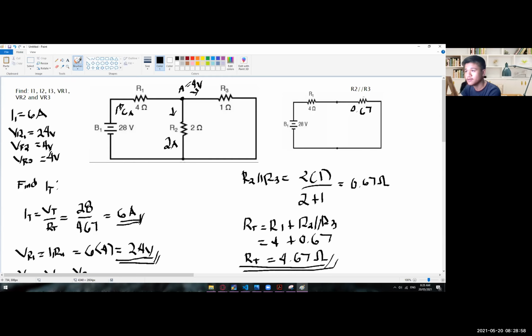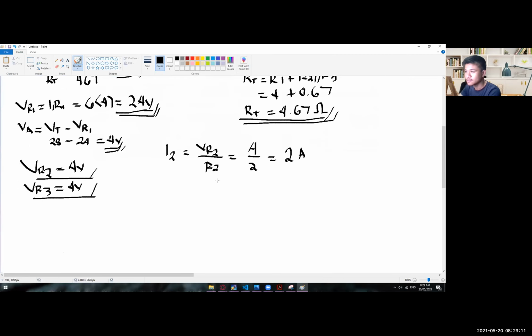And then from here, just by using KCL, we could already see that we have 6 amps here and then 2 amps here. So the remaining 4 amps will go to R3. Okay, but just to show it using an Ohm's law formula, let's do that one. So I3 is equal to VR3 divided by R3.